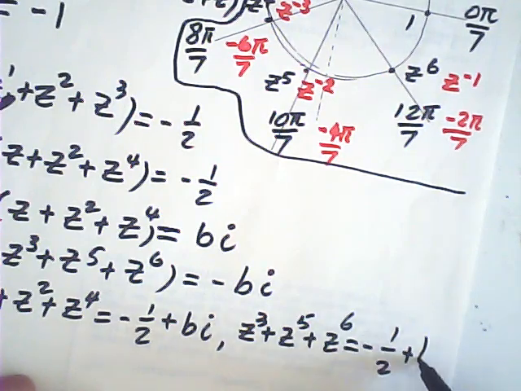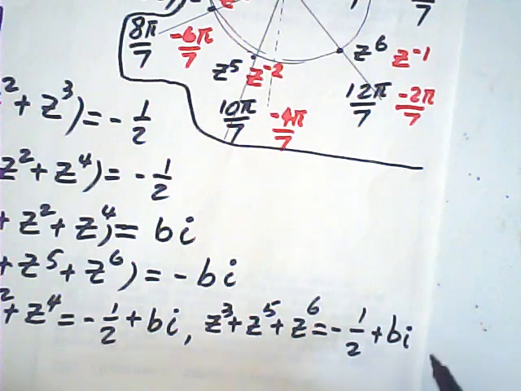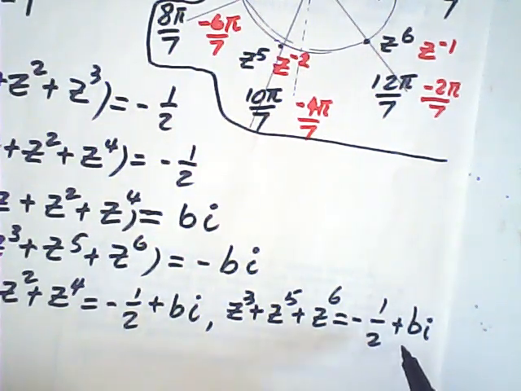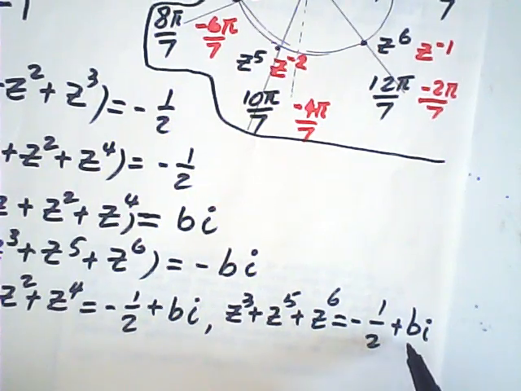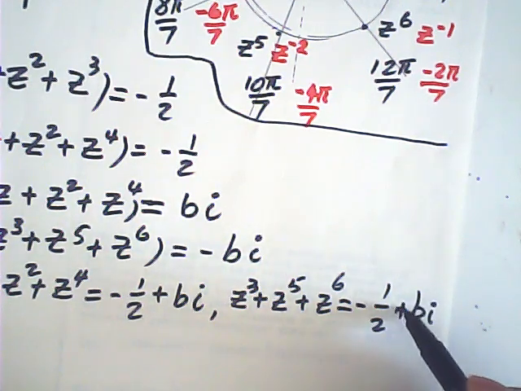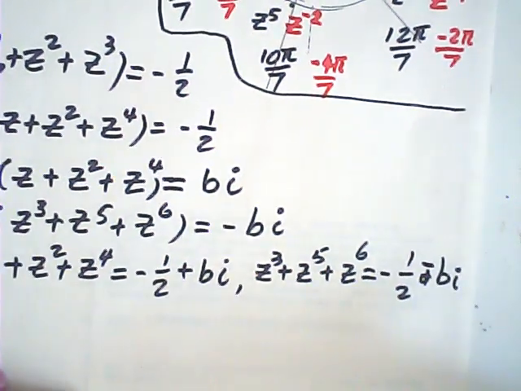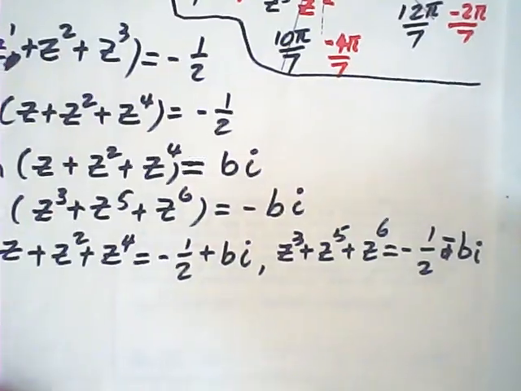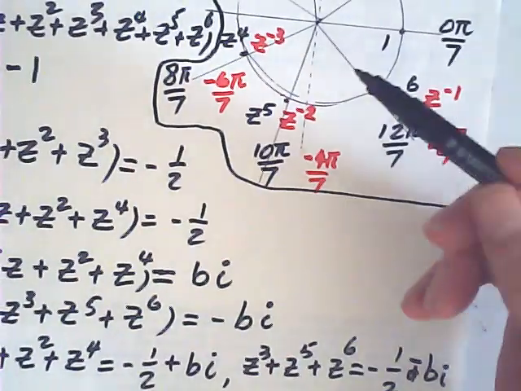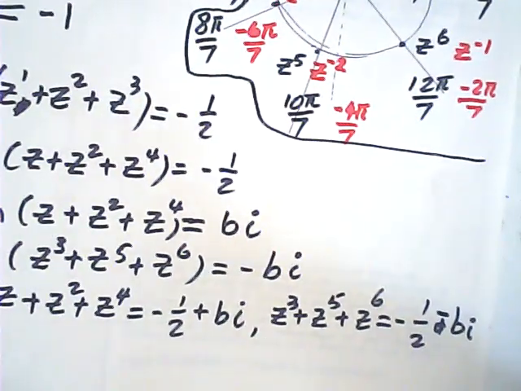The real part is negative half. The imaginary part is bi, negative bi. I'm sorry. Makes sense?